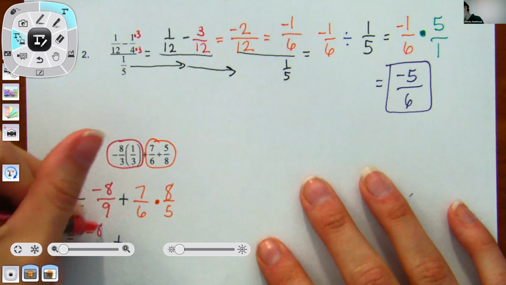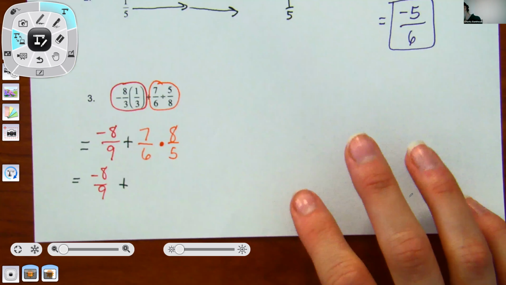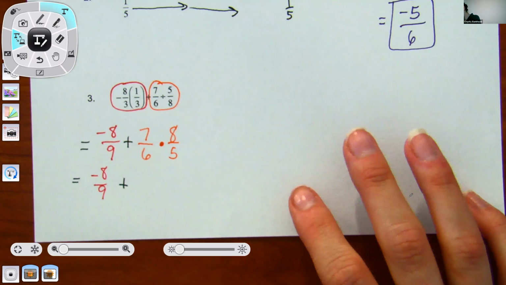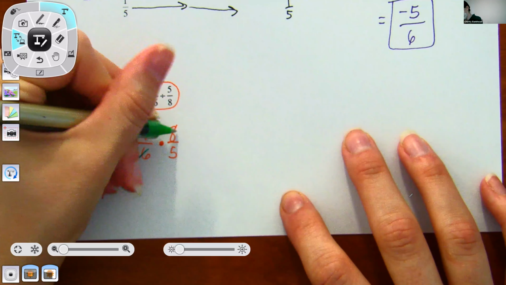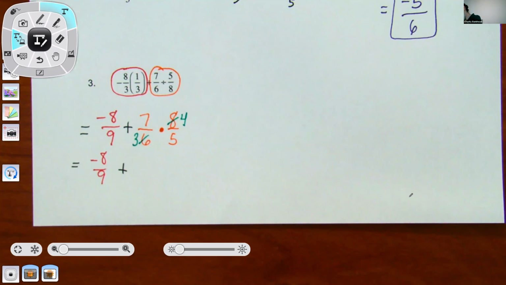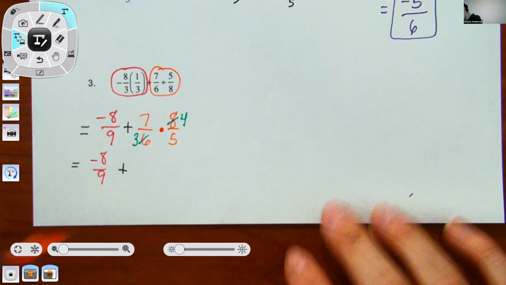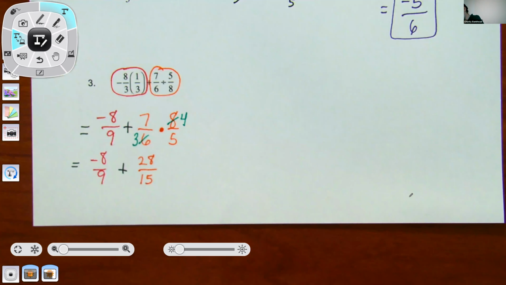And then multiply. I can reduce a little bit here because 2 goes into 6 3 times and 2 goes into 8 4 times. And then 7 times 4 would be 28, and 3 times 5 would be 15. So now I have -8/9 plus 28 over 15.